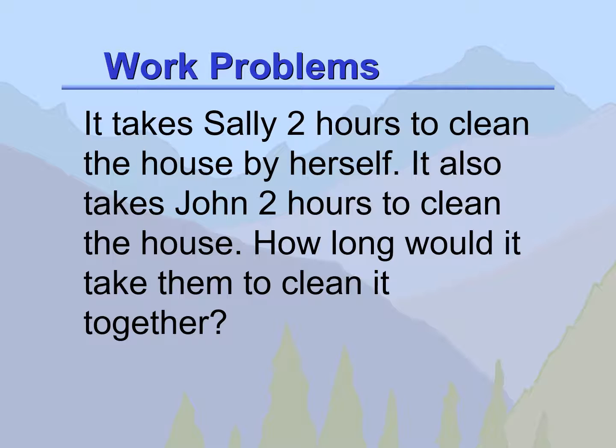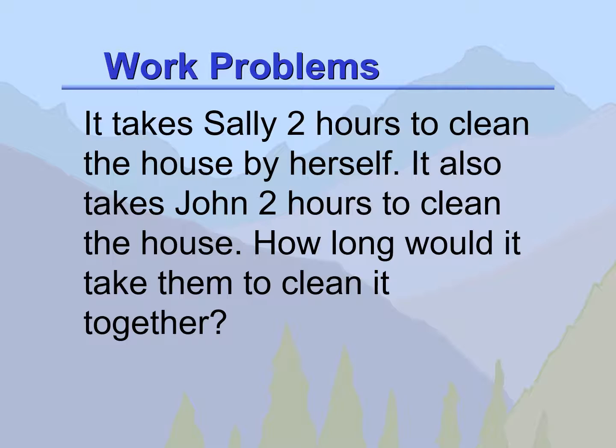All right, so let's do some examples. Let's say it takes Sally 2 hours to clean the house by herself, and it takes John 2 hours to clean the house. So how long would it take them to clean it together? Okay, so if Sally takes 2 hours to clean the house, then in 1 hour she has done half the job.